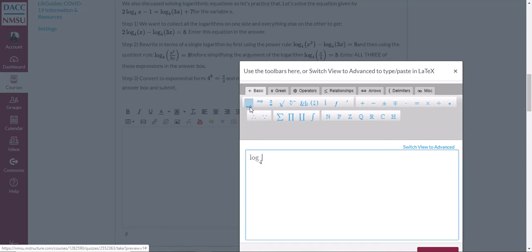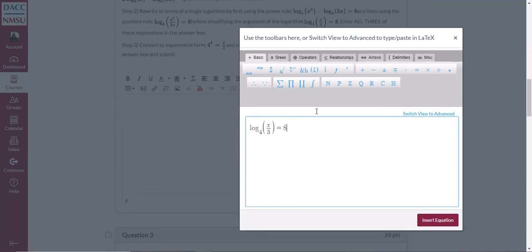And then I'm going to put parentheses and throw a fraction in the middle. So I'll use the n over m button to put x over 3, using my arrows on the keyboard as needed, equals 8.